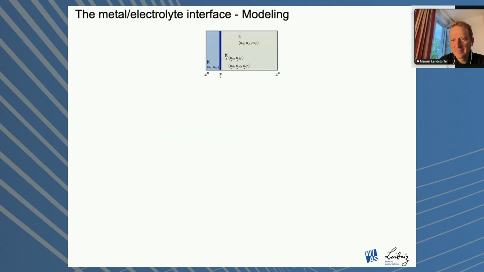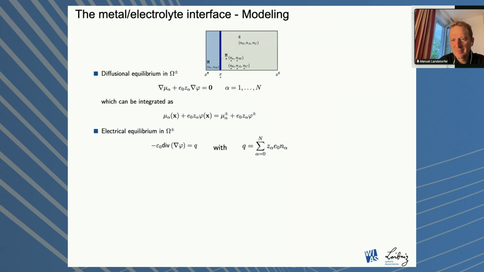And well, this is nice, okay, but what you can actually do with it now, and this is what I want to show you next. So we consider now a metal electrolyte interface in thermodynamic equilibrium, which means that you have diffusional equilibrium, so the gradient of the electrochemical potential is 0. You can integrate this. Then you have electrical equilibrium, so basically the Poisson equation, where the charge density Q is given as the sum over charge number times elementary charge times the molar concentration of ionic species.